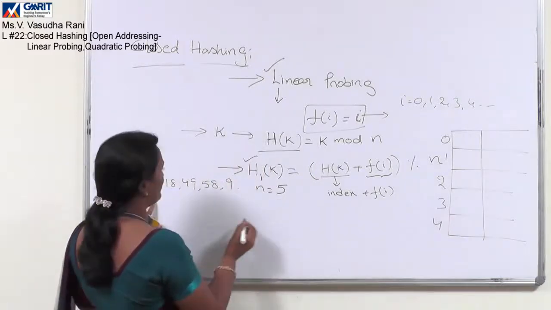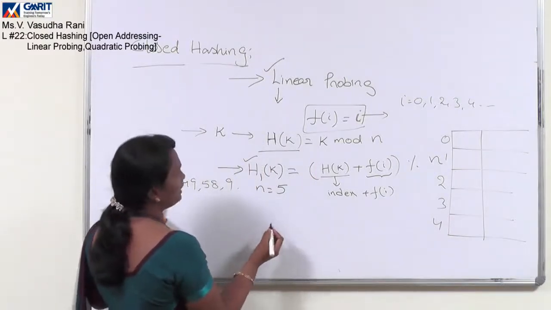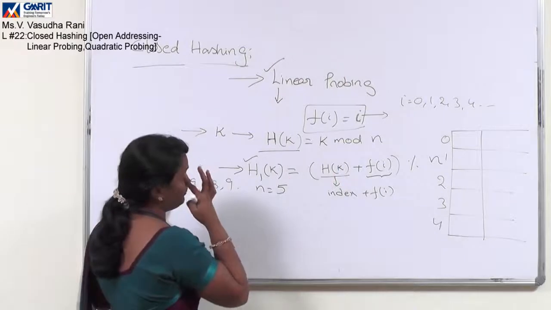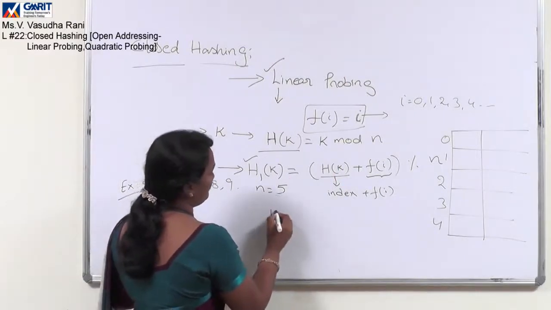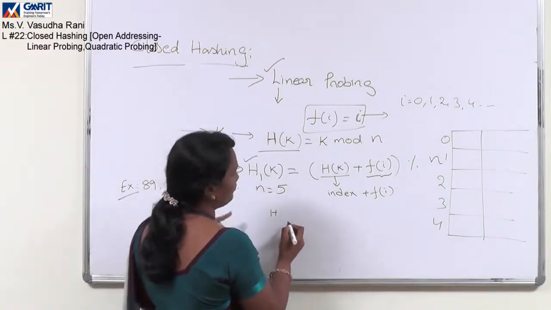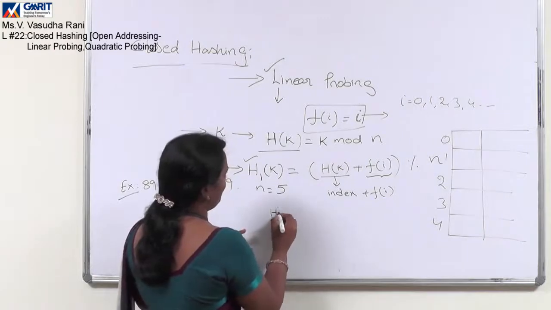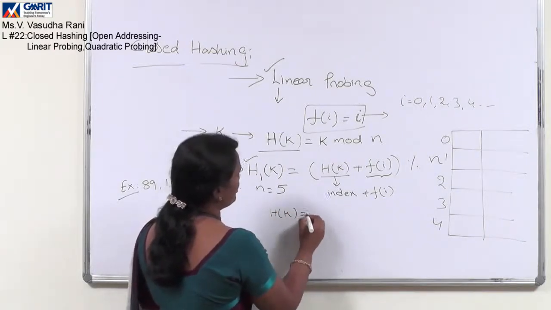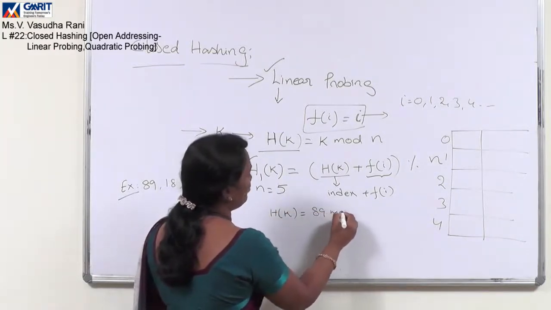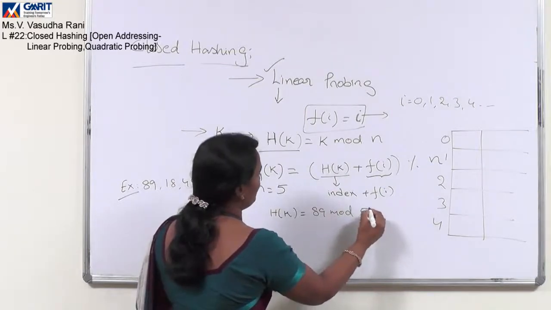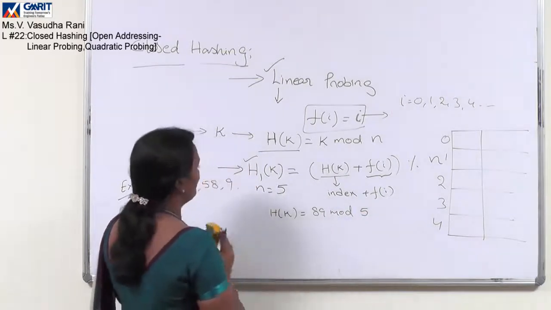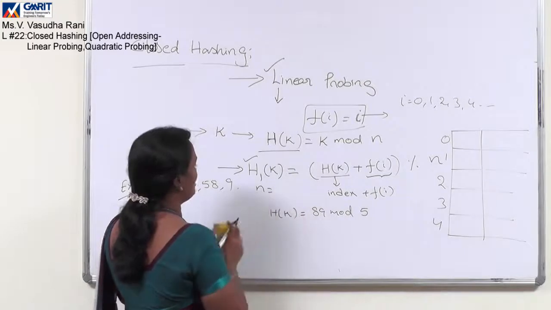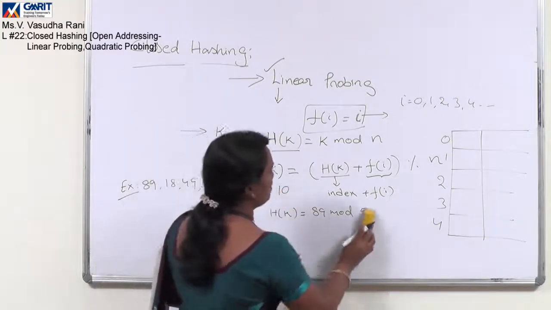Now for the first value, 89, h of k is 89 mod n. Let's take n as 10, table size as 10.